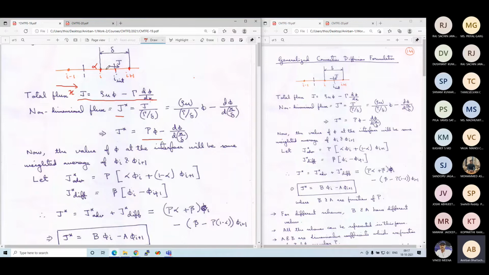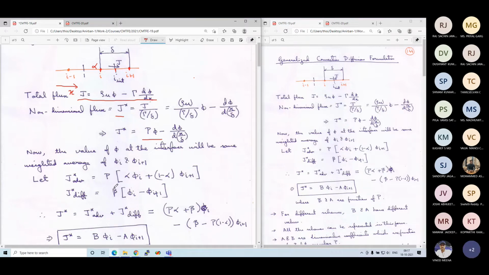So there will be a diffusive flux if the value of I is greater than I plus 1. There will be a diffusion from I to I plus 1. If the value of I plus 1 is greater than I, the diffusion will be from I plus 1 to I. Okay. So along the x direction, if we calculate, then the diffusion is from I to I plus 1.